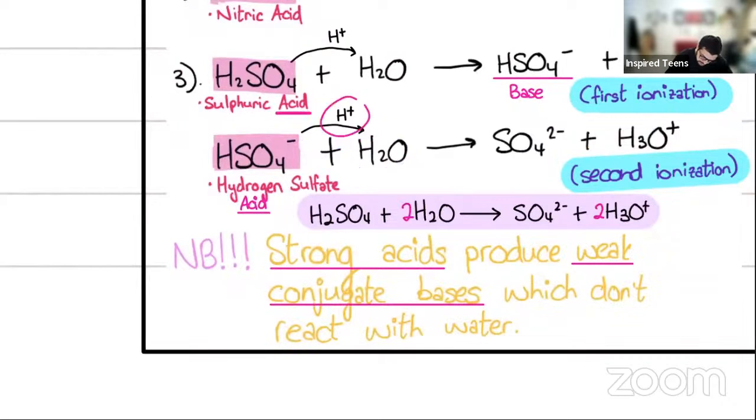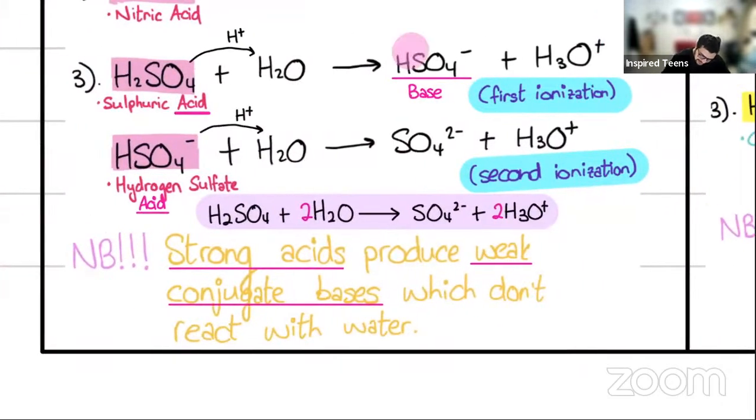So HSO4 minus is donating an H plus, so it's acting as an acid. So here we have an example of how HSO4 minus can act as a base and also as an acid. Generally it's a substance that has a hydrogen that it can give, or it can take another hydrogen.